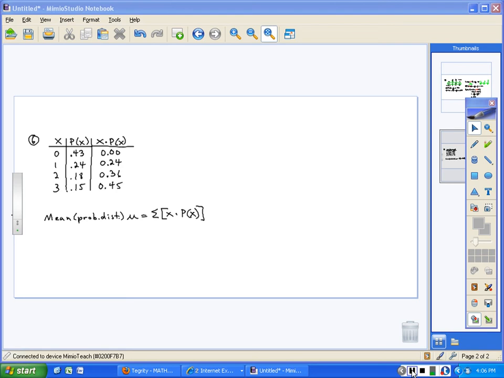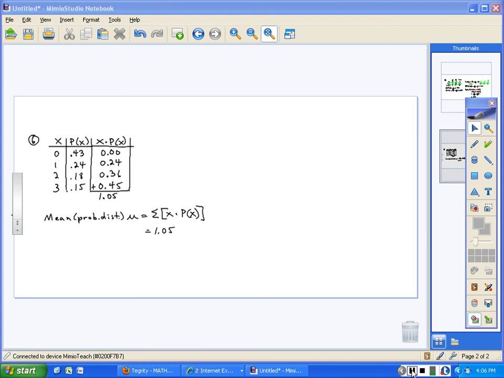So to get the mean, we need to add up that column. And it adds up to 1.05. So we know that the mean is equal to 1.05.